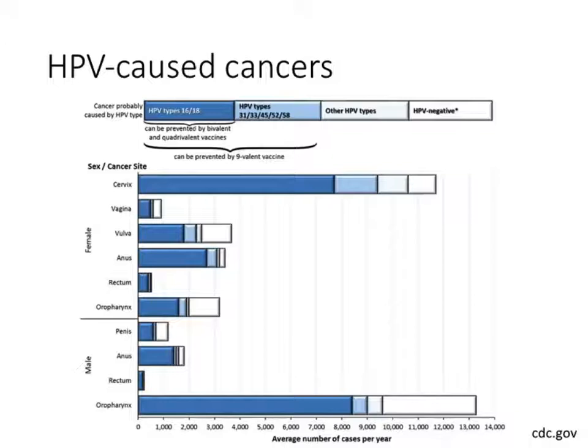So we left off on Friday talking about different HPV-caused cancers and talking about some of the characteristics of transformed cells, which we can consider to be like cancer cells in vitro or in a petri dish. But not all transformed cells are going to cause cancer.